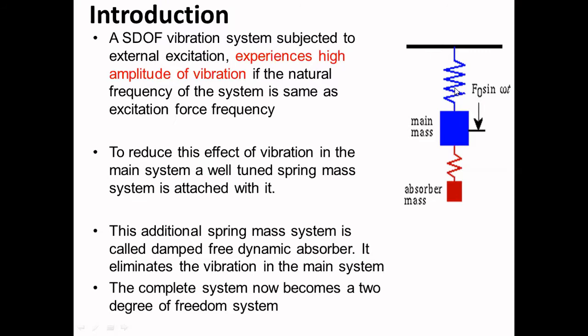Remember, I am telling you high vibration amplitude when the natural frequency of this spring mass system matches with the excitation frequency. Now, we do not want any mechanical system which is subjected to high amplitude of vibration, because any machine or any other object which produces high amplitude of vibration may tend to fail earlier.